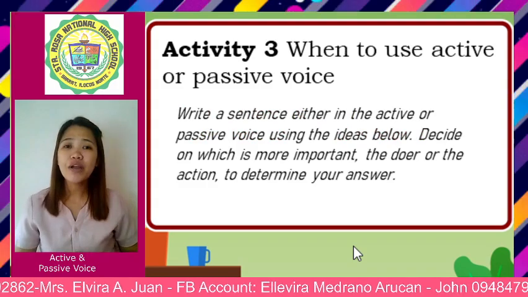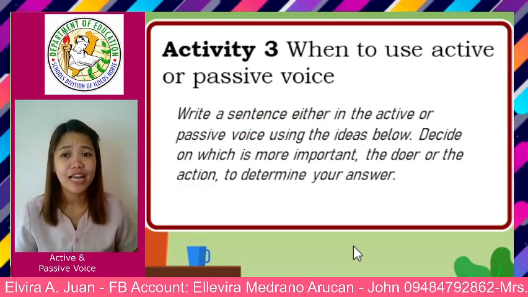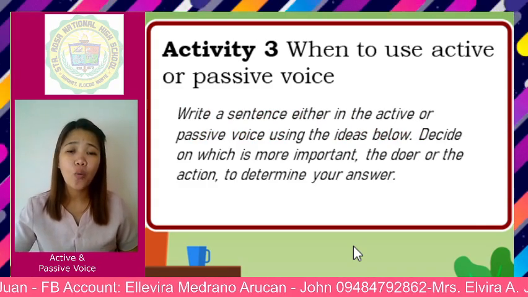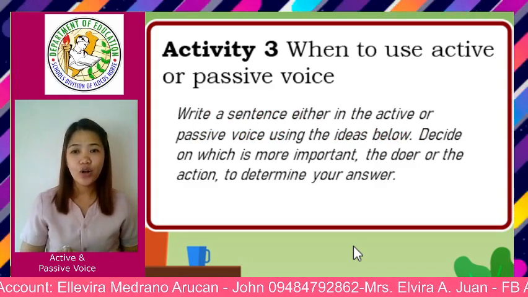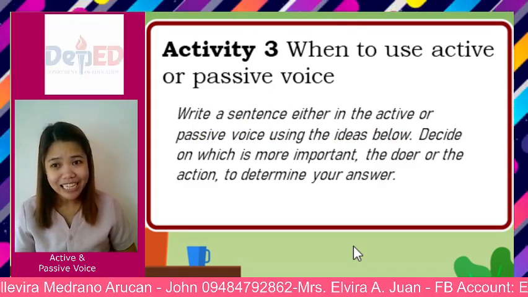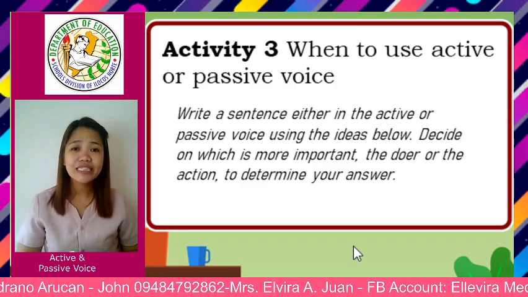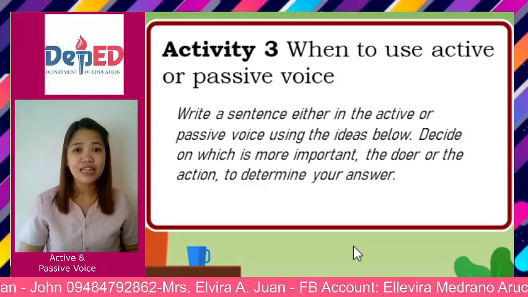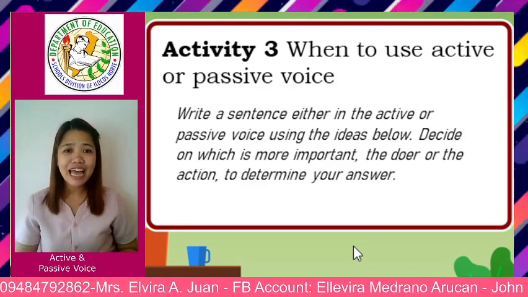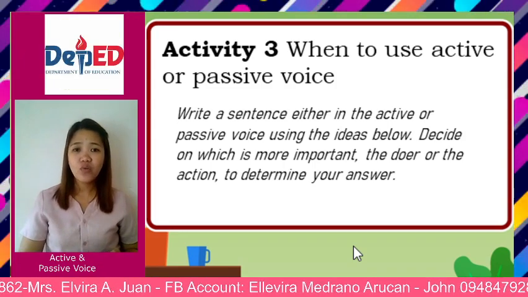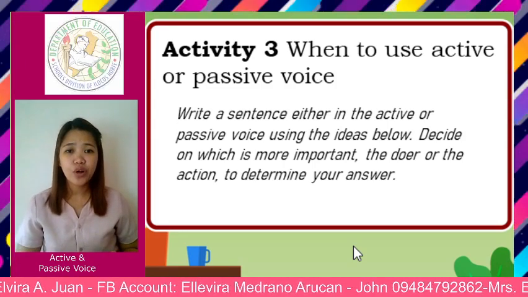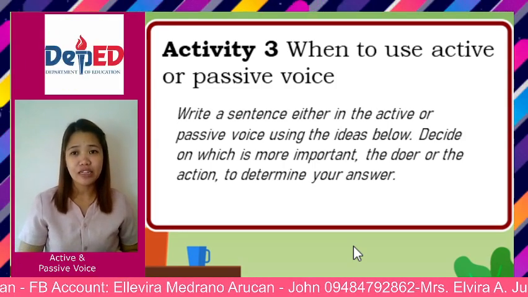Okay, so in our activity 3, let's try to find out if you know which idea or information you should prioritize. So we have here, write a sentence either in the active or passive voice using the ideas below. Decide on which is more important, the doer or the action, to determine your answer.